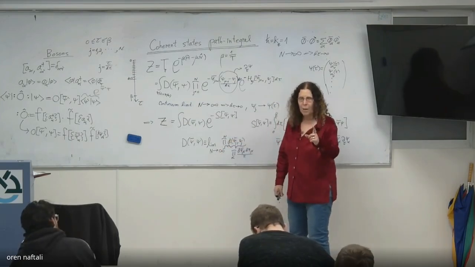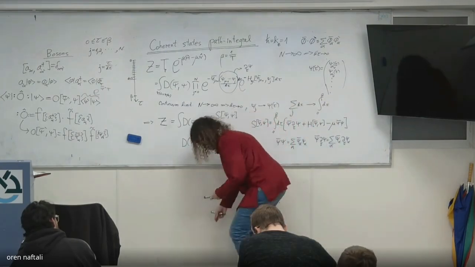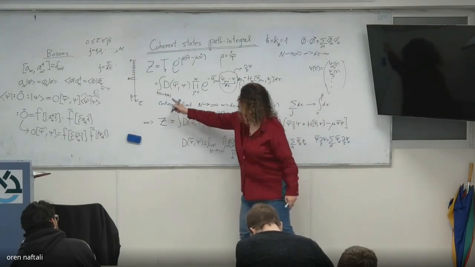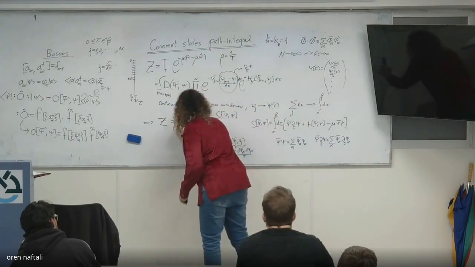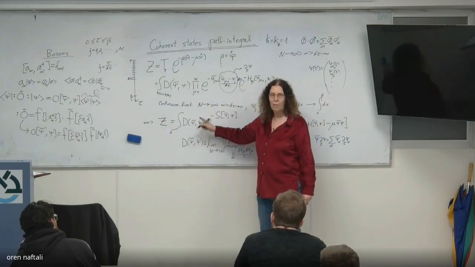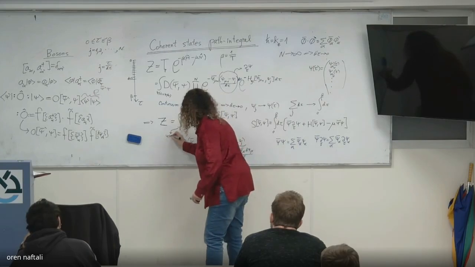But what does matter, and that's very important, is this periodic boundary condition. In this integral, the constraint is that these psi of taus obey periodic boundary condition.